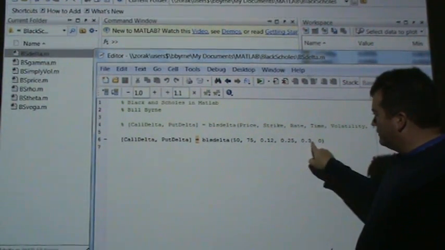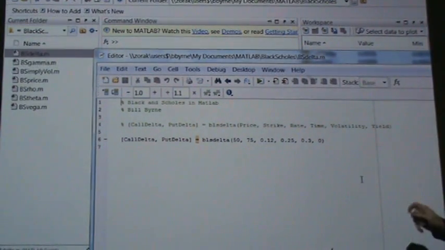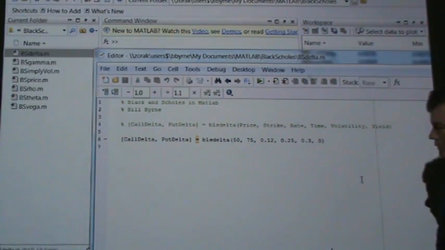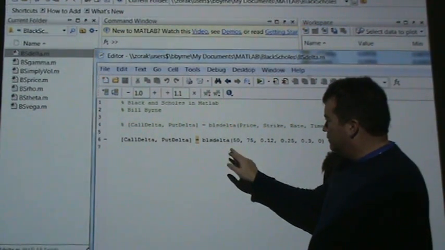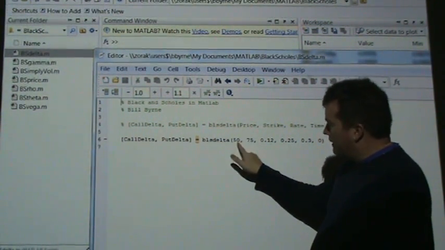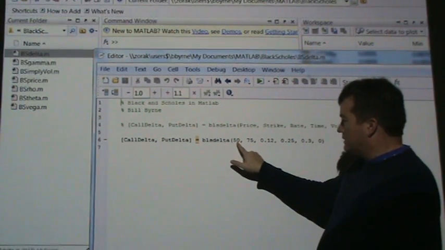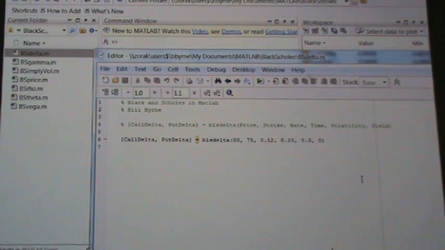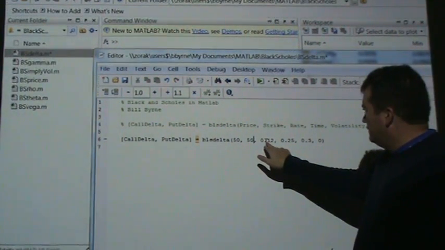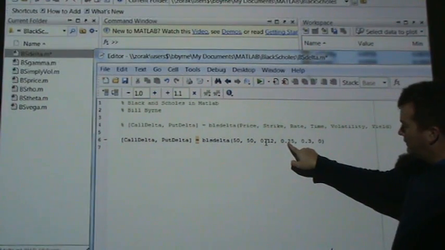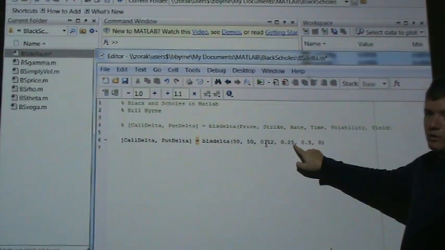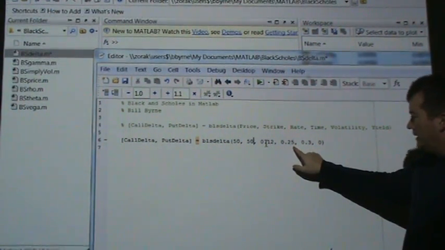It takes in the parameters that we're looking for, and it tells us what the Black-Scholes delta will be if we have a current stock price of 50 and a strike price of 50, an interest rate of 12%, and the time remaining till expiration is a quarter of a year, so let's say it's an option that's 3 months out.